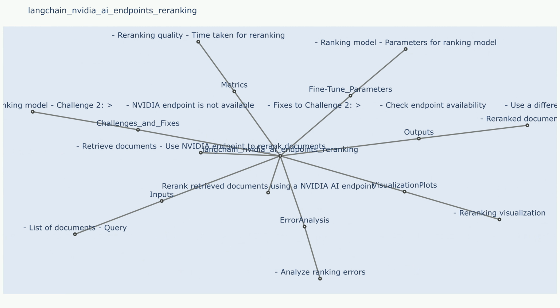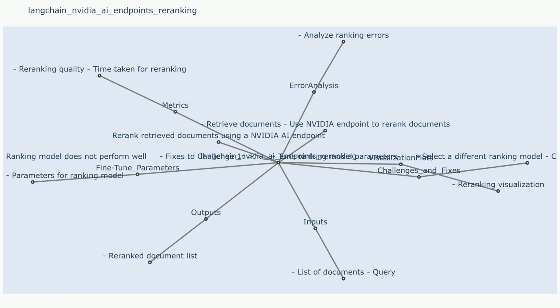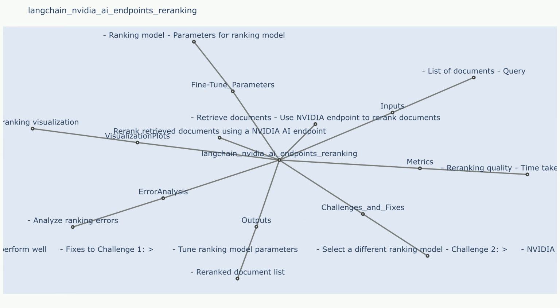Metrics. Mean average precision, MAP, a measure of the average precision across multiple queries, indicating the accuracy of the re-ranking model in placing relevant results at the top. Normalized discounted cumulative gain, NDCG, a measure that considers the ranking position of relevant results, penalizing those that are placed lower in the ranking.